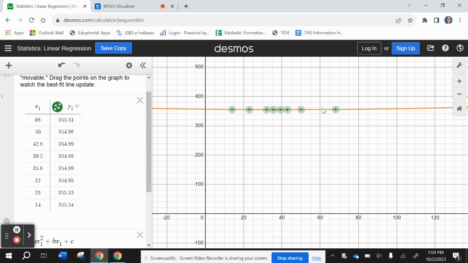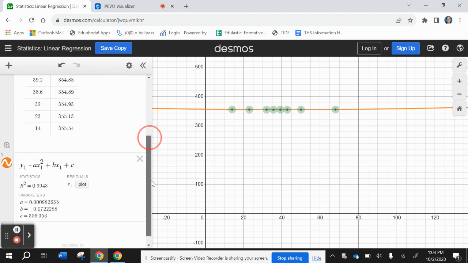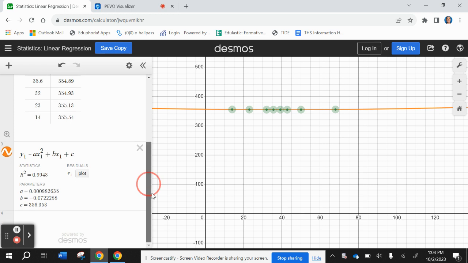Now you can see that the line goes to the points. The R-squared is not 1, but it's very close and close enough to accept it. And so then here's our equation. Here's our A value, B value, and C value that goes along with this equation.